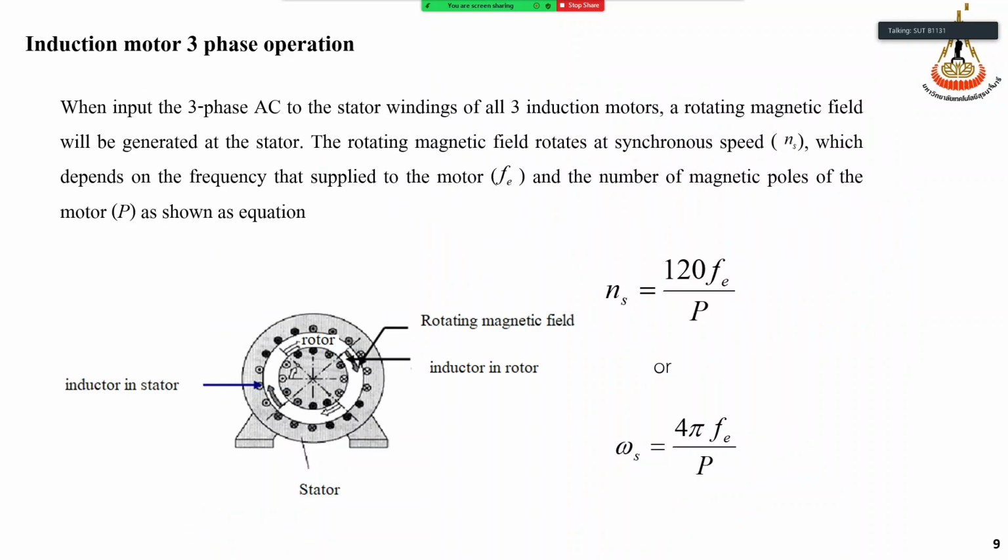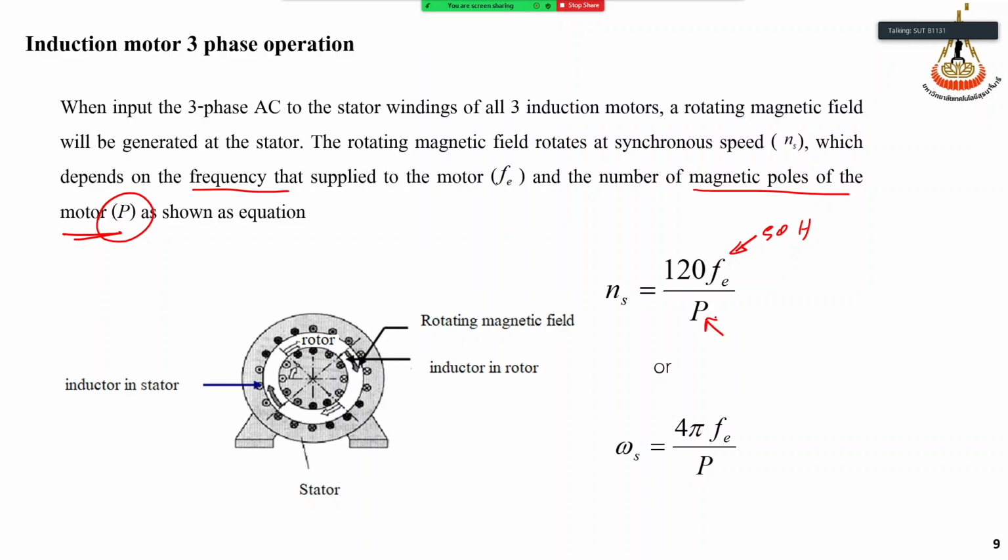Okay, for the three-phase induction motor, the synchronous speed depends on the number of magnetic poles of the motor, or P, we call it here P, number of poles, and the speed of the motor can be computed by the synchronous speed equal to 120 times the frequency of the supply electricity, for example, 50 Hertz, right?